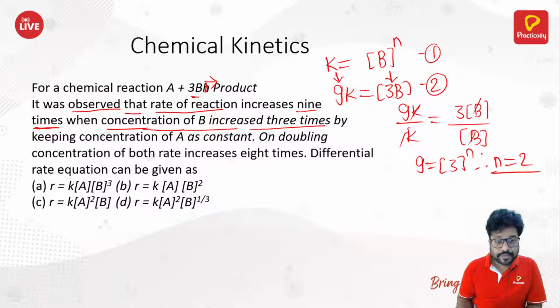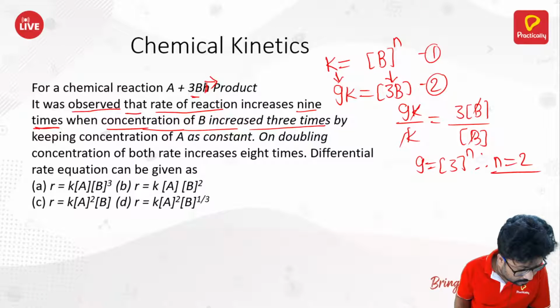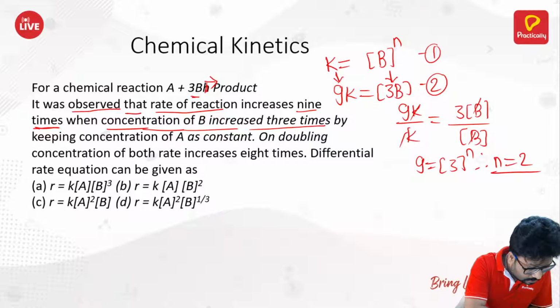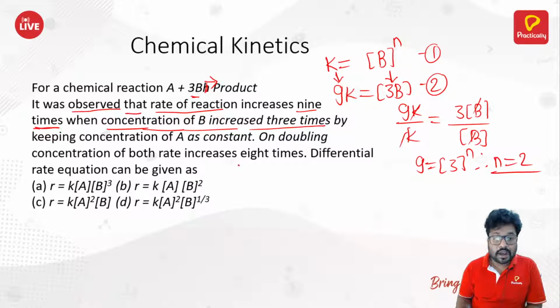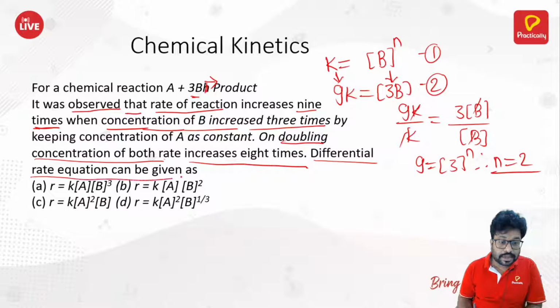Now, after that, what are they saying? That on doubling the concentration of both, rate increases 8 times. Then differential rate equation can be given as.